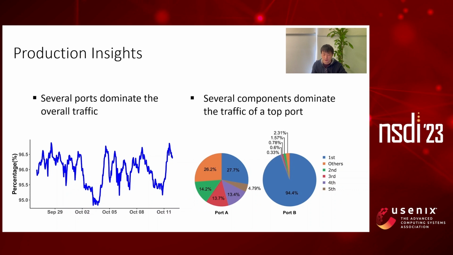For port A, the top 5 components take up more than 70% of the traffic, while the 6th largest component and beyond only takes up less than 5%. For port B, a single component takes up to 94% of the traffic. This distribution observation greatly reduced our cost reduction effort.